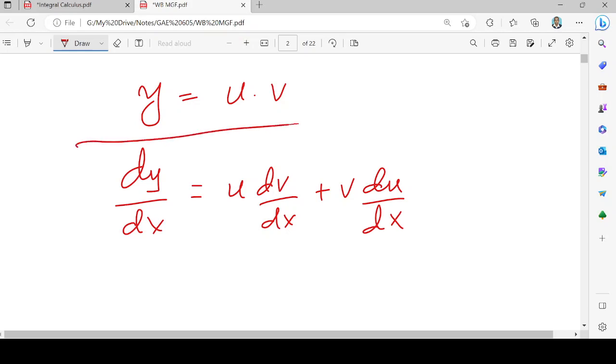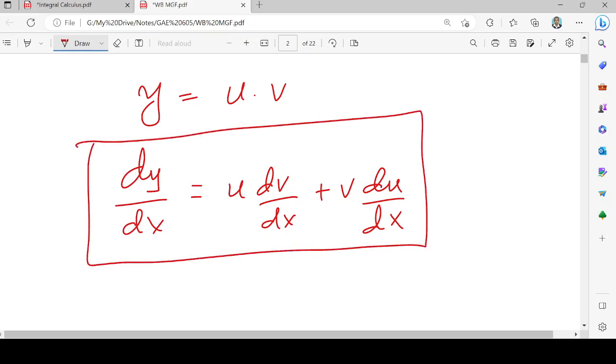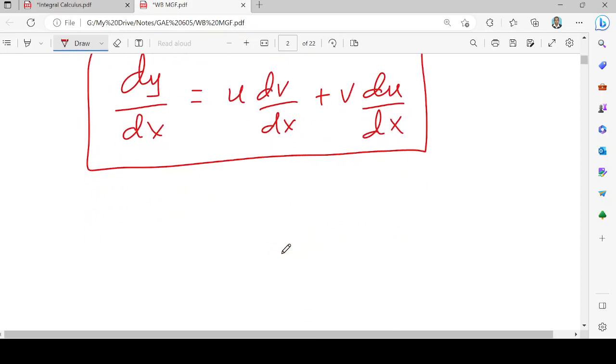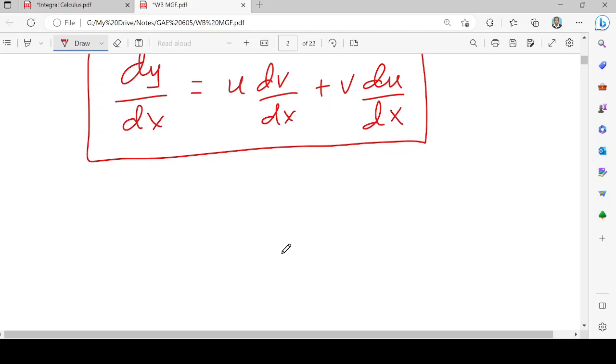This statement here is what we call the product rule of differentiation, basically used to differentiate functions which are products of two functions. Now, suppose that we integrate both sides of this expression with respect to x, so that on the left-hand side we have the integral of dy by dx with respect to x.